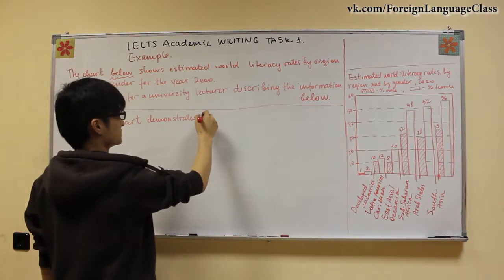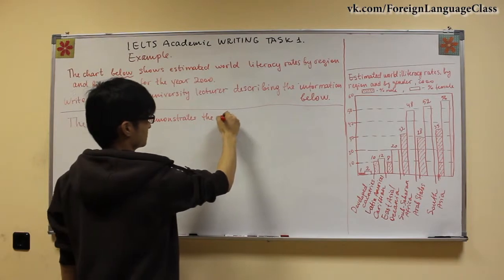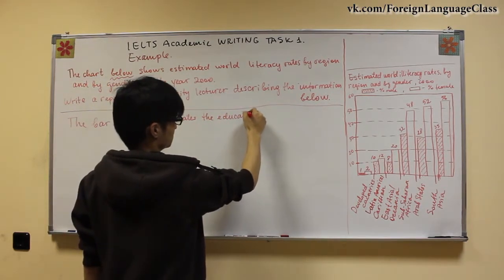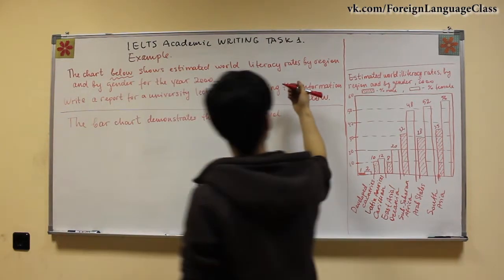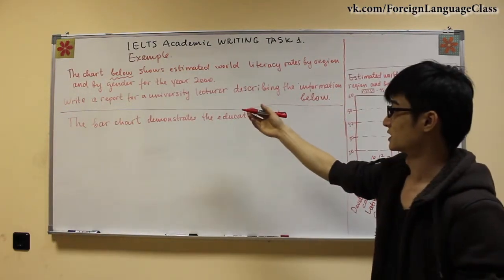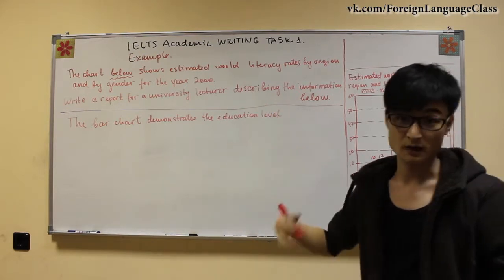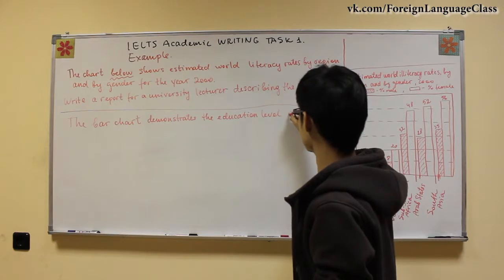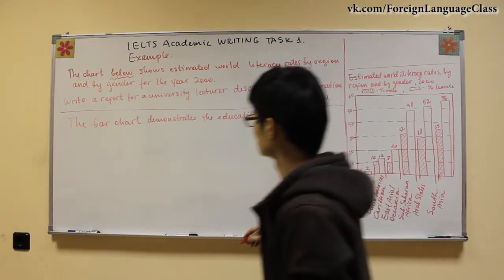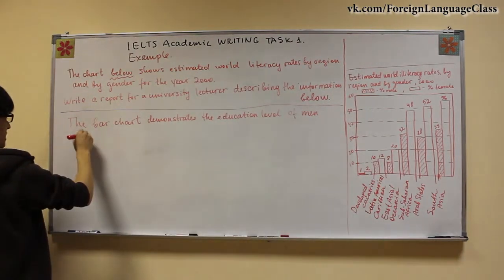should we write the education level by region and by gender. By gender means among men and women. Education level of men and women.